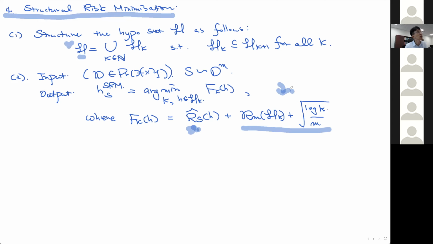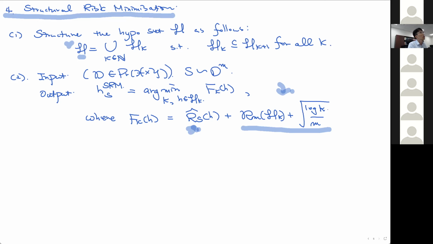Okay, so this structural risk minimization has two components together. The first component is about the approximation error. The second component is about the estimation error. It tries to keep the complexity of the hypothesis set H_K reasonably simple so that our estimation doesn't really go very, very wrong. Okay.